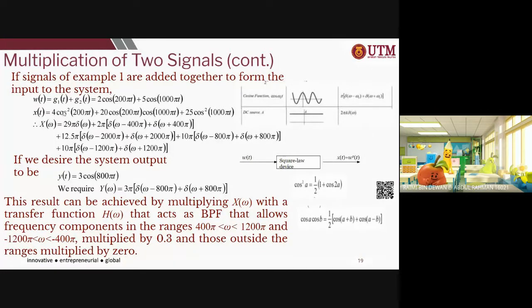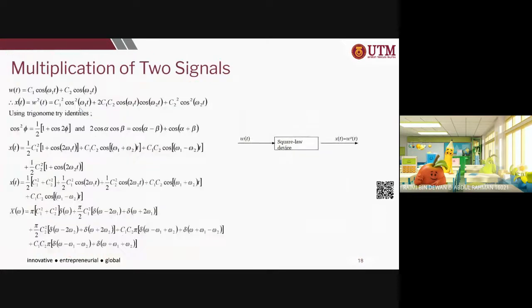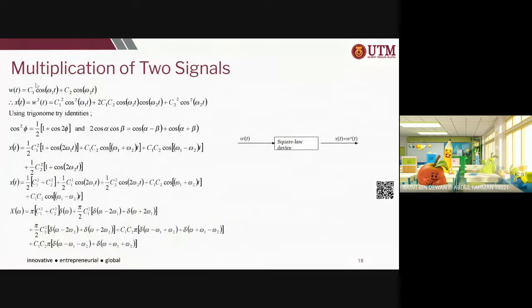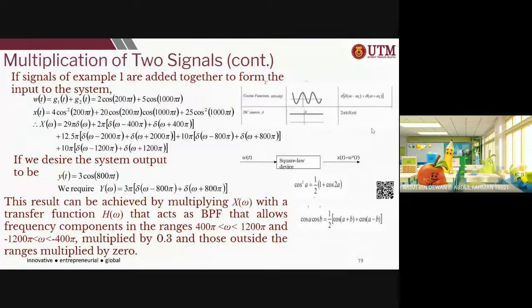This one you guys can understand. Just now it was in unknowns, C1, C2. Then they put C1 as 2 and C2 as 5, and actually it's just the same. We just plug in the values here. This one is the general form to make you understand. This one they put in the values, so I think it's still the same.